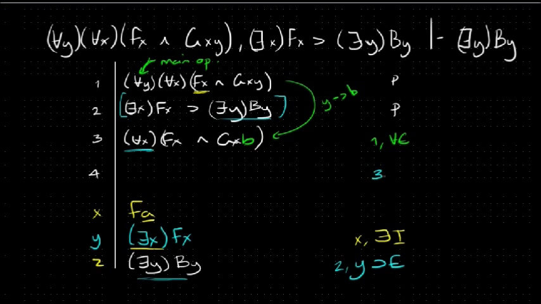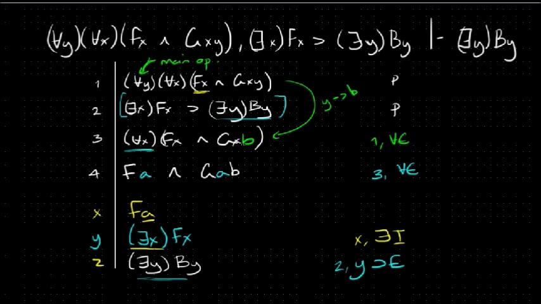So that's going to be from 3, universal elimination, and we'll end up with F, and this time we'll turn all of the x's into a's, so we'll end up with Fa and Gab.